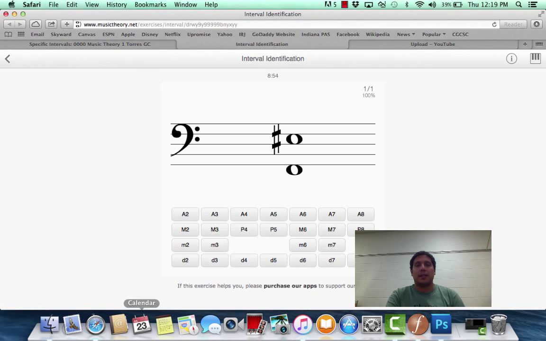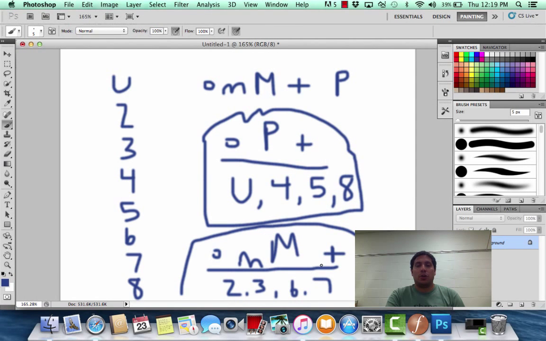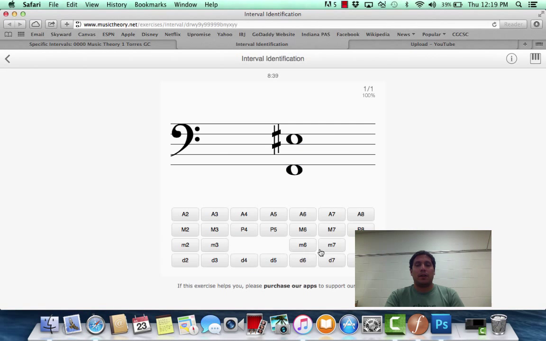Let me look at that again. Yes, F and E sharp. So I'm dealing with the seventh. Major seventh would be E natural. This interval is too big because the E sharp makes it bigger. So this would be an augmented seventh. So I'm going to come back over here and choose a seventh.